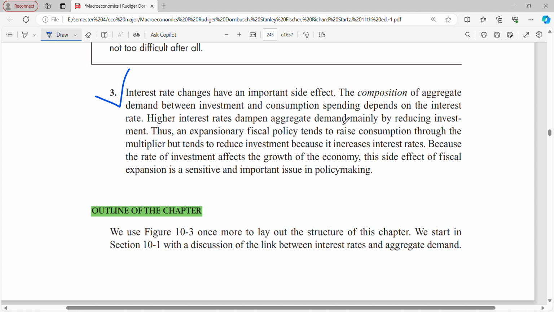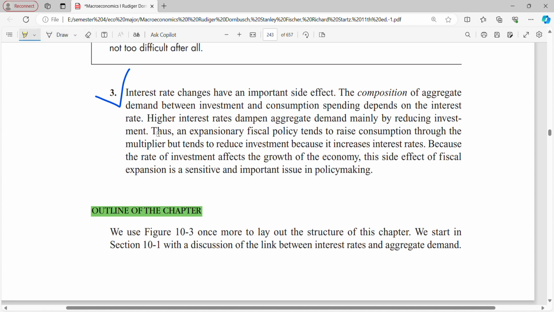Now, if the interest rate is higher, the firms can't make much profit. So the aggregate demand will get reduced because aggregate demand includes investment. Thus, an expansionary fiscal policy tends to raise consumption through the multiplier but tends to reduce investment because it increases the interest rate. Note this is very important.